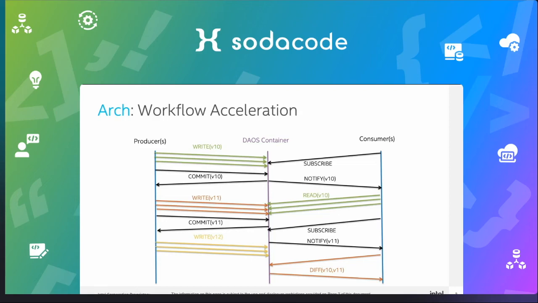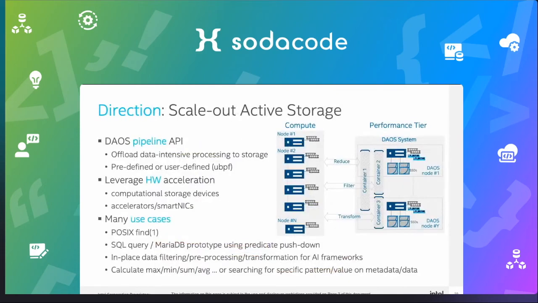This framework can also be used for incremental backup or maintaining a copy of the data on an external tier up to date. In terms of future direction for DAOS, we would like the DAOS system to be more capable and not just move data from point A to point B. We are thus working on what we call the DAOS Pipeline API that allows offloading data-intensive processing to the storage node directly.